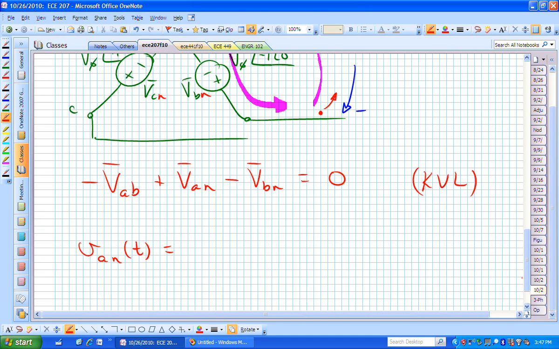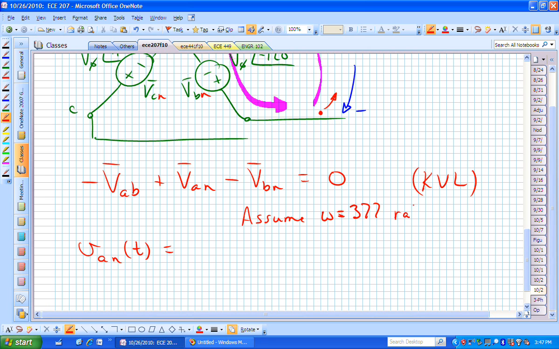I know what omega is. I'm going to assume that's 377. So I'm assuming omega is 377 what? How could I give you 0 points if you just put 377? You need to give me the units. Radians per second.